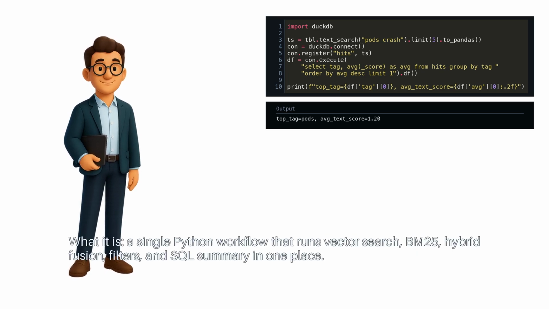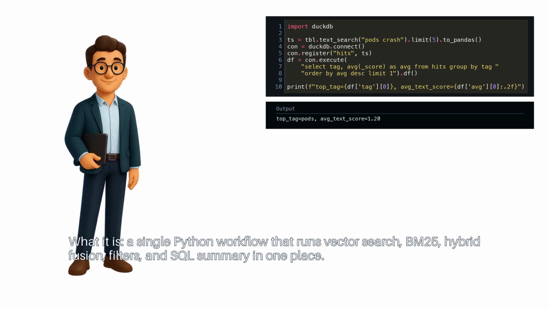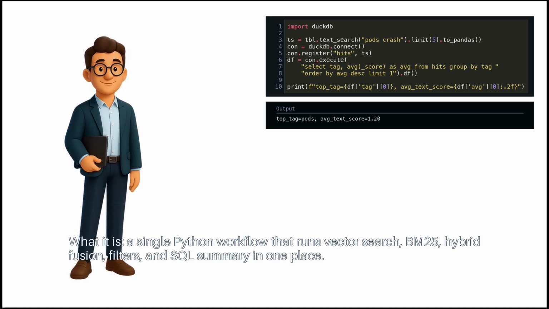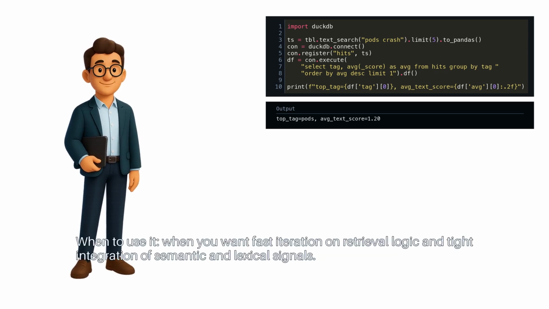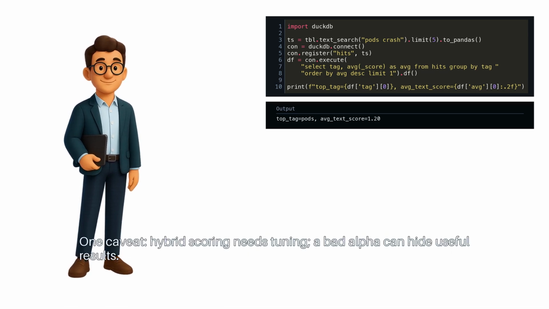Recap. What it is: a single Python workflow that runs vector search, BM25, hybrid fusion, filters, and SQL summary in one place. When to use it? When you want fast iteration on retrieval logic and tight integration of semantic and lexical signals. One caveat: hybrid scoring needs tuning.